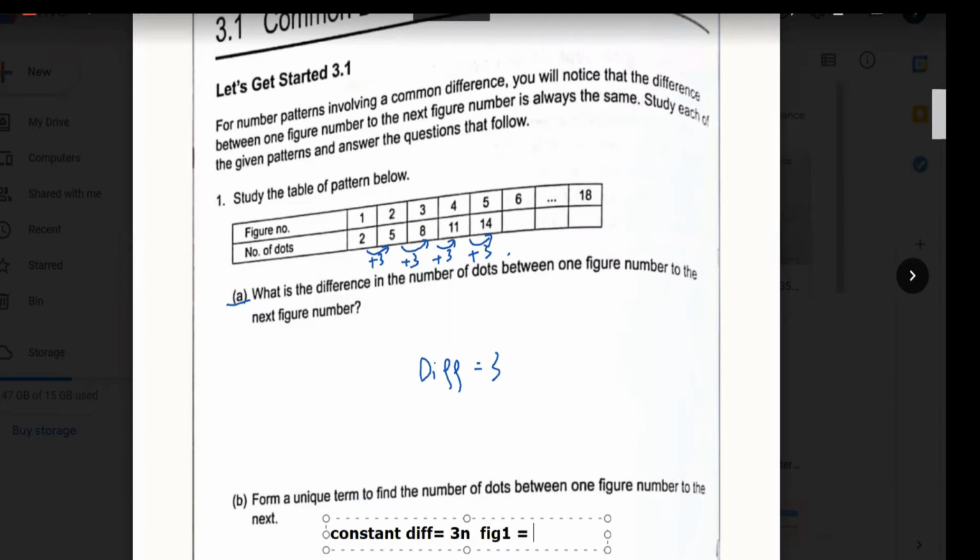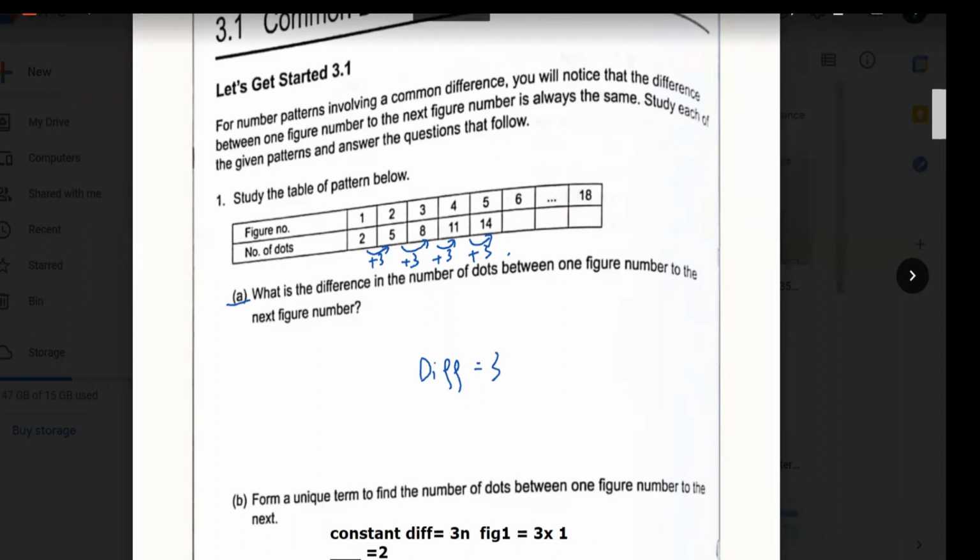With 3n, it will be 3 times 1. Figure number 1, I know that I must have 2 dots, so what do I need to do in between to get 2 dots?